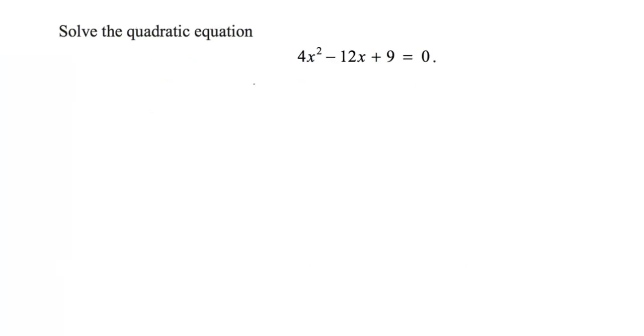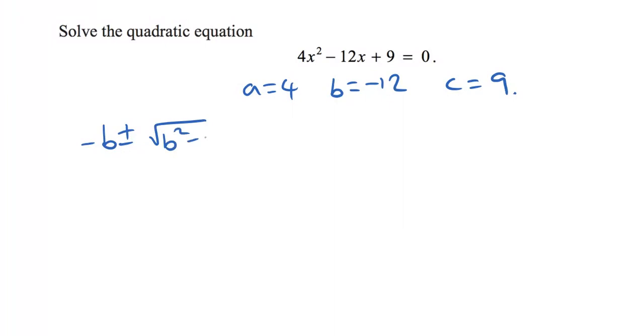So in this one, we have a is equal to 4, b is equal to minus 12, and c is equal to 9. Let's write out that quadratic formula again. Minus b plus or minus the square root of b squared minus 4ac, all over 2a. Okay, we're going to put those numbers in then. So minus of minus 12 is positive 12.